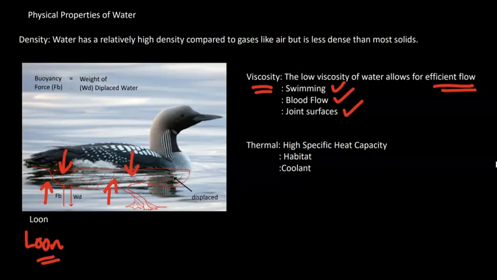And the other phenomenon that we might think about, even within the context of this loon here, is that in occupying a habitat like water, interestingly, on a daily or diurnal cycle, we would see that air temperature over a 24-hour period would dip during the dark period of the night and then rise again during daylight.